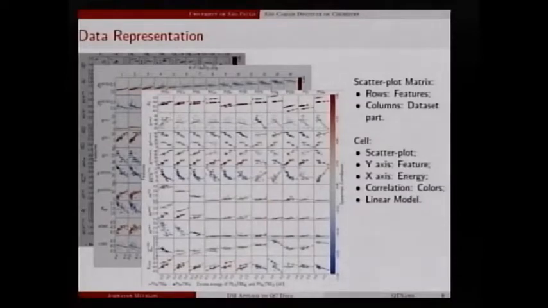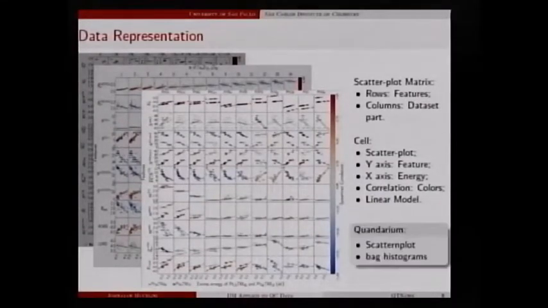In the second column, the palladium and copper, and so on. In the x-axis, we present the energy. So the molecules more in the left are more stable, and the correlations are presented in colors. We also add a linear model to help us to see if the correlations are positive, negative, and about its magnitude. Basically, I did it with Quandarium also.